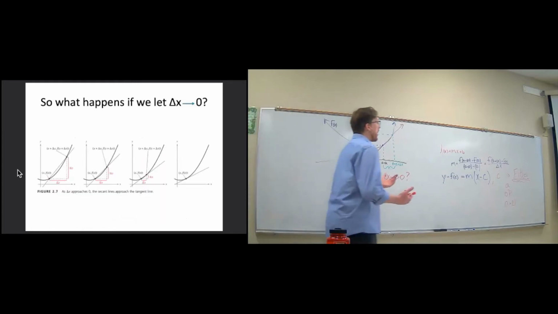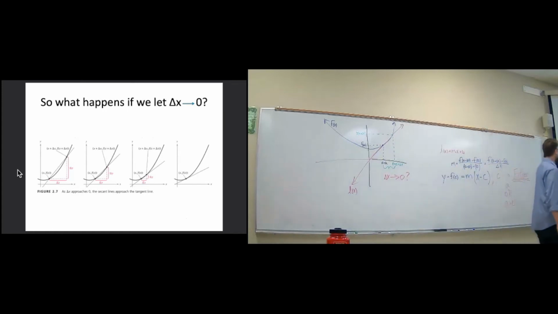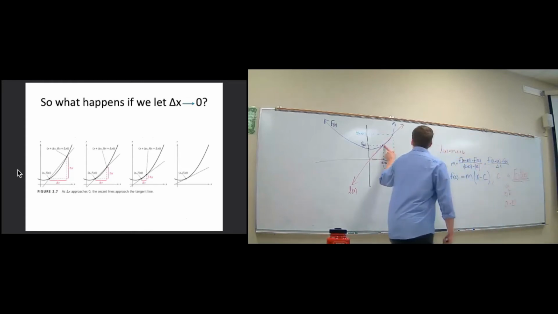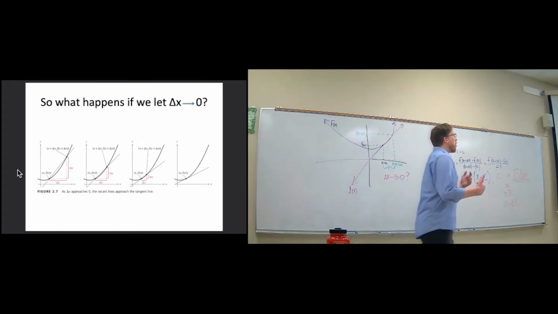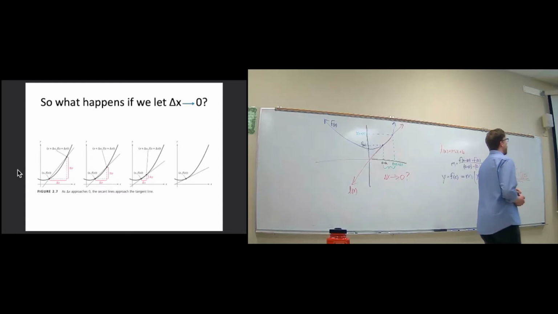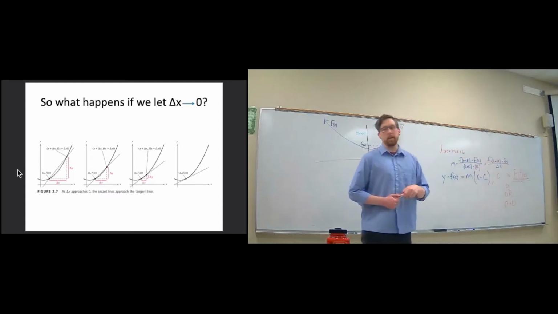Well, letting delta x go to 0, we notice first that we get closer and closer and closer until our 2 points share the same point, right? And our line is no longer a secant line. It doesn't go through 2 points, it only goes through exactly 1. This line is called a tangent line.